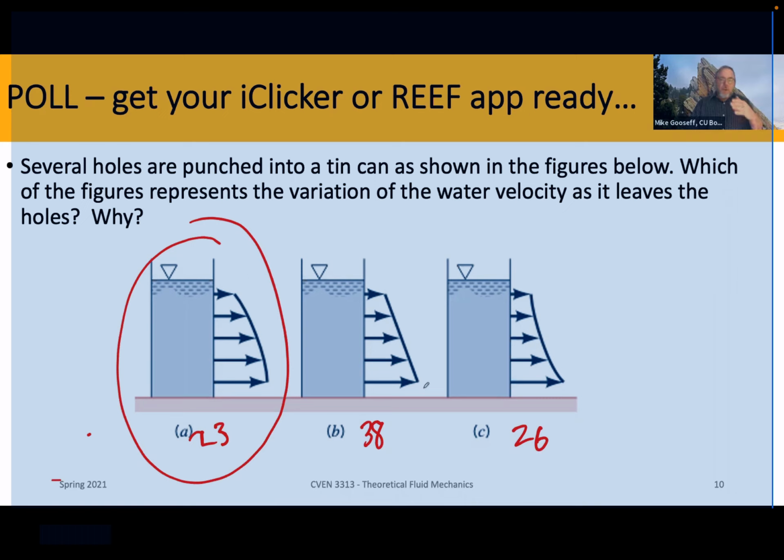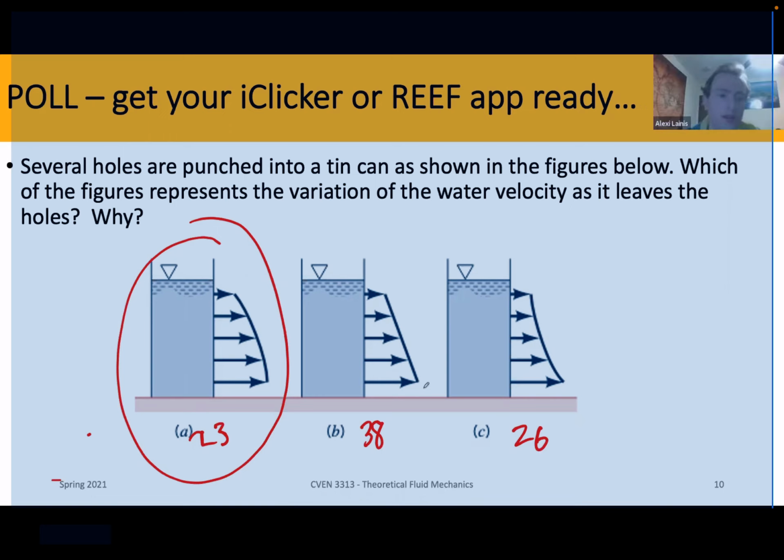We do have a straight line that's sloping when it comes to thinking about hydrostatic pressure distribution because of the piling up of water, and that's a consistent pressure increase with depth. But in this case, with velocities included, it's more likely we would probably have A or C. In this case, it just worked out to be A, okay? All right, any questions on that before we break for the evening?